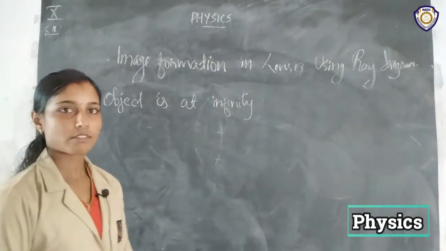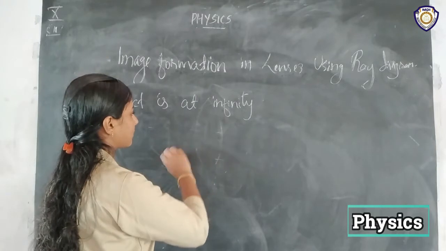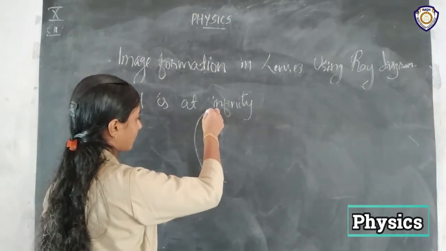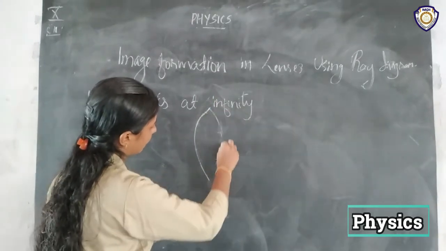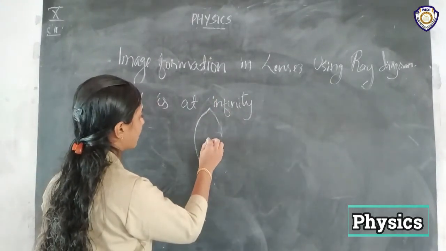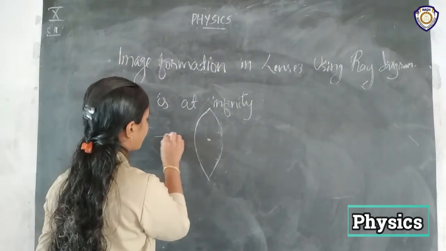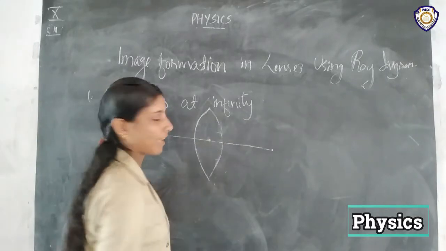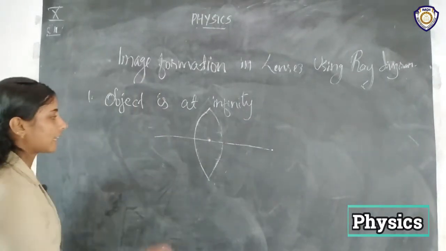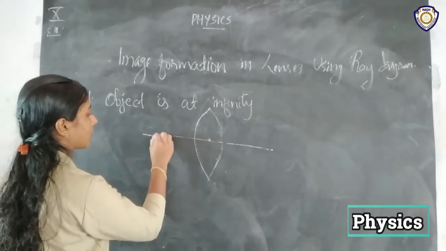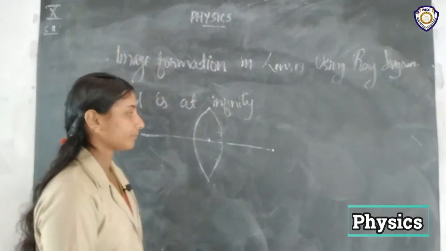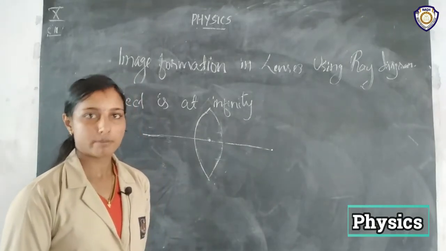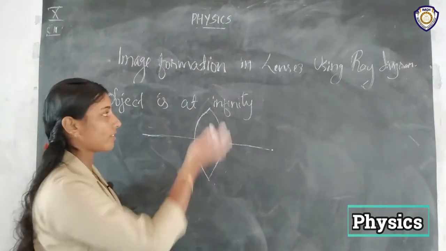So first we can consider a convex lens. Now this is a convex lens, and here there is a center, that is the optical center, and this is the principal axis, right? So we can take two incident rays, and where the refracted rays meet or intersect, there will be the image formed, right? So the object is somewhere at infinity.